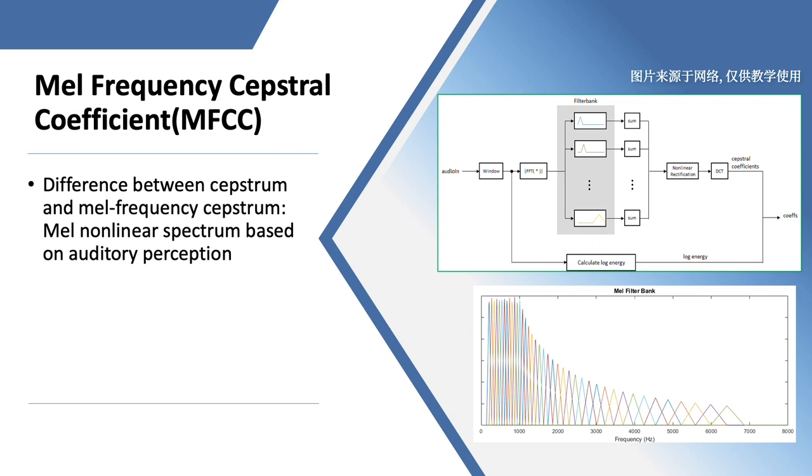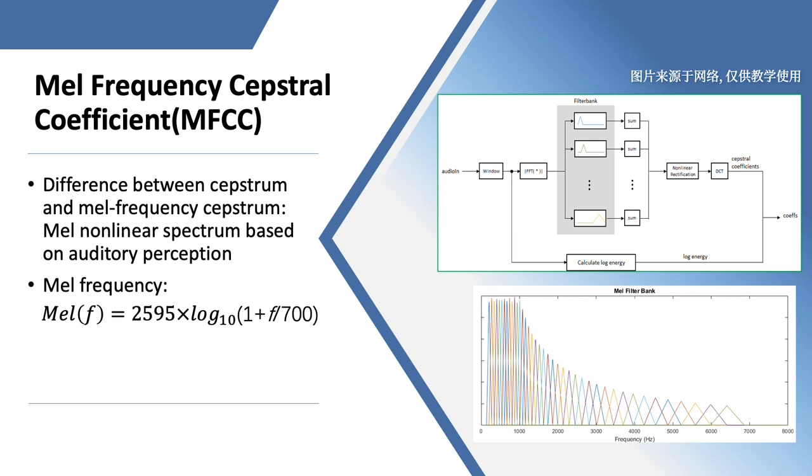MFCC are commonly derived as follows. Take the Fourier transform of a windowed excerpt of a signal. Map the powers of the spectrum obtained above onto the mel scale using triangular overlapping windows. Take the logs of the powers at each of the mel frequencies.